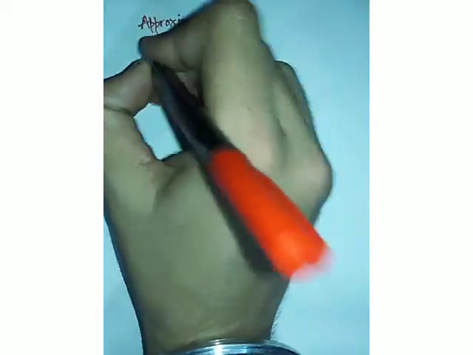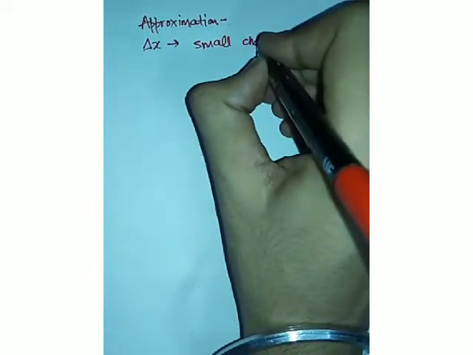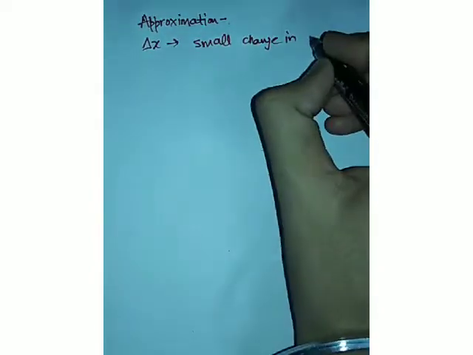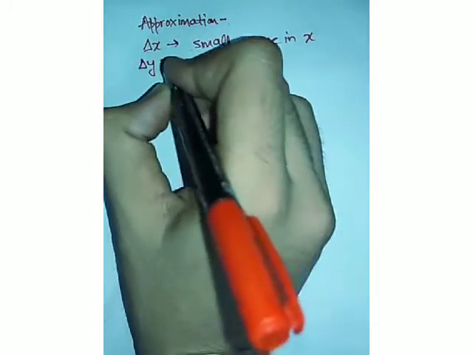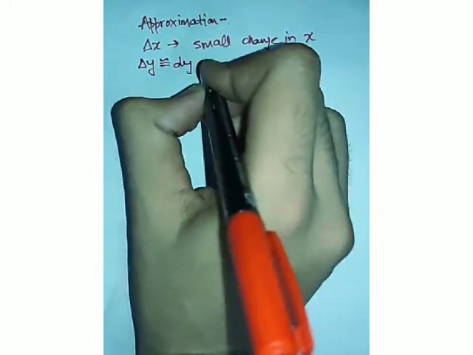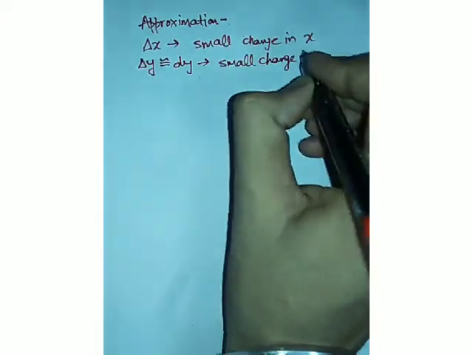Firstly, you have to keep in mind that delta x represents a small change in x. Delta y, which is approximately equal to dy only, represents a small change in y.